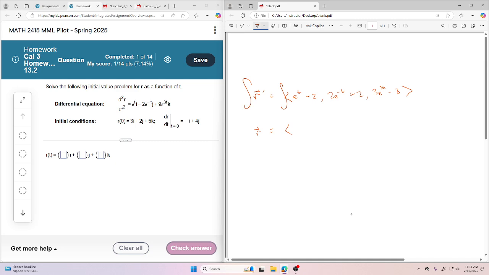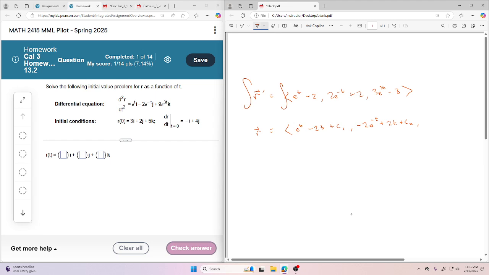So, integrating e to the t minus 2t, very good. If you don't mind, I'm going to put C1 in here right now. Negative 2e to the negative t plus 2t plus C2.